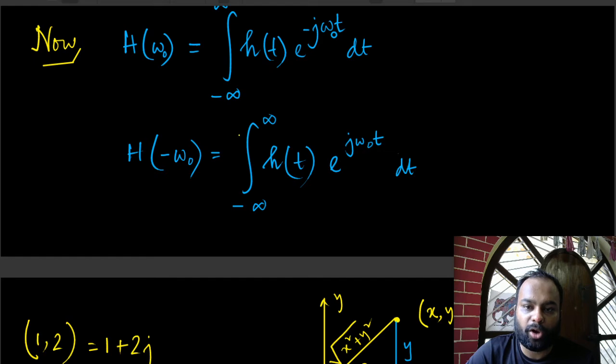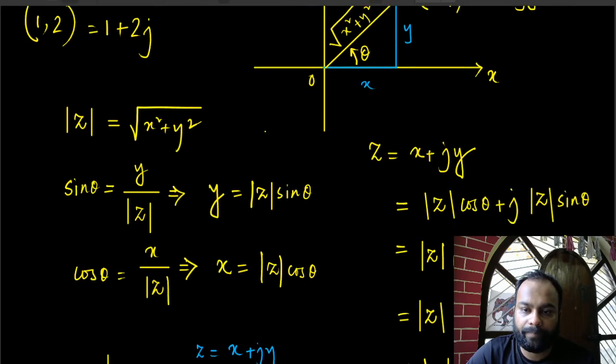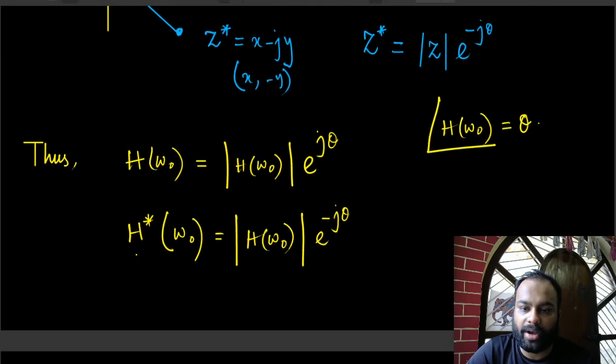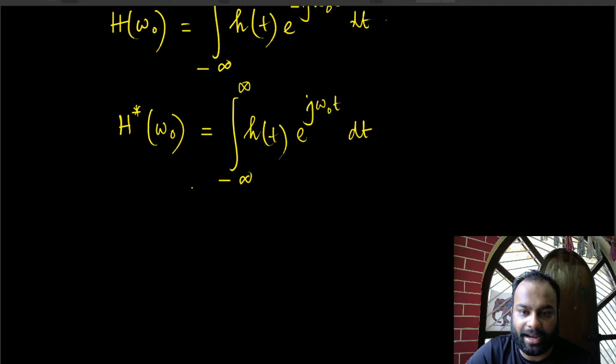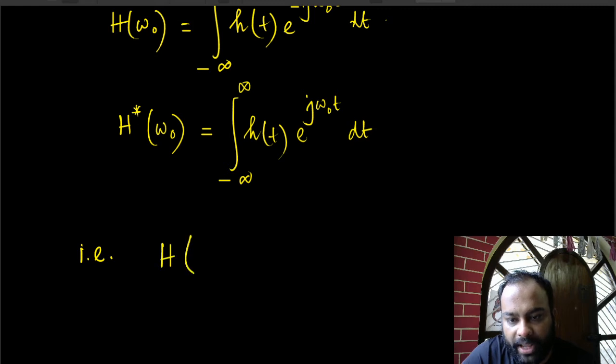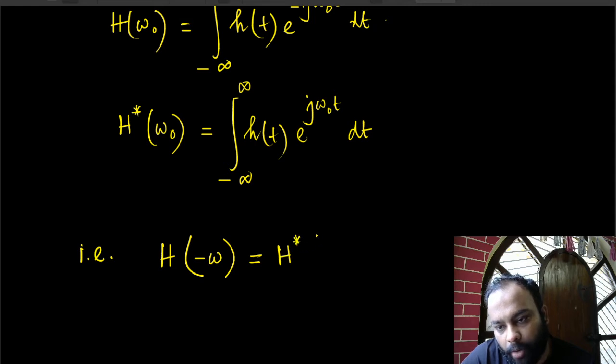Now here we calculated H of minus omega naught, and here we have calculated H star omega naught, which is the complex conjugate, and it appears they are identical. So we can say, and you can just remove the naught, that H of minus omega is nothing but the complex conjugate of H of omega.